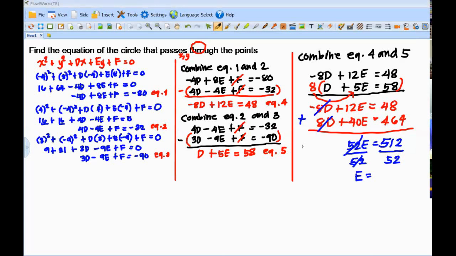But in our answer last time, it was a whole number. Yes, it was number 8. Wait, let us try to check it again. 8 times 5 is 40, so that's 52. 48. 58 times 8, 64 plus 8 times 5, 464. That's correct. So 8, 2 carry 1, 11 carry 1, 512.